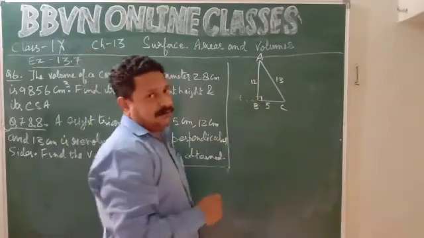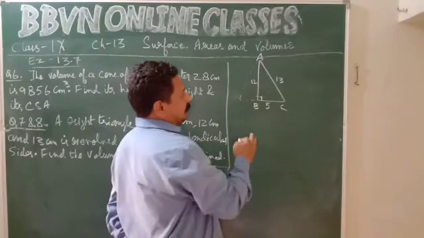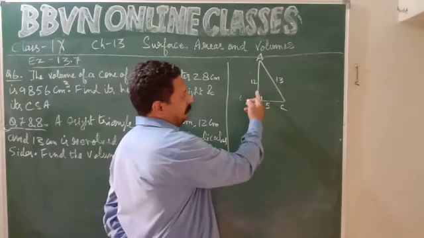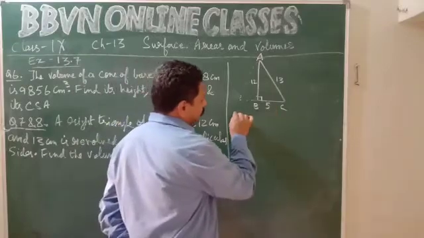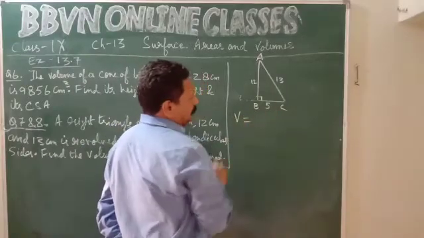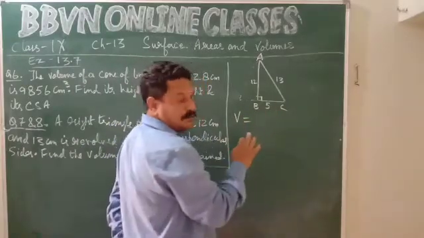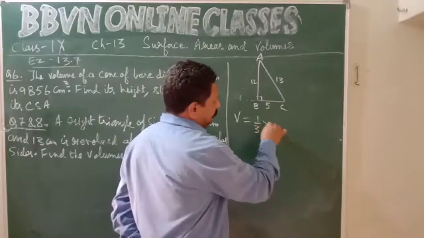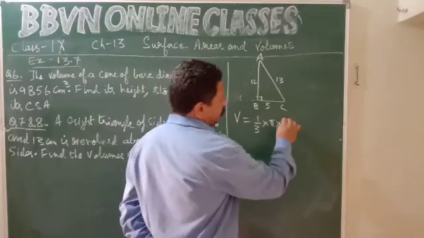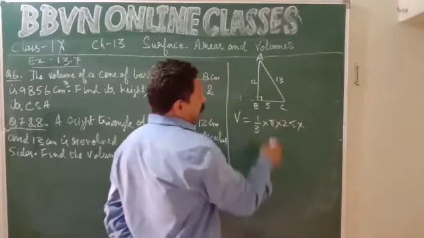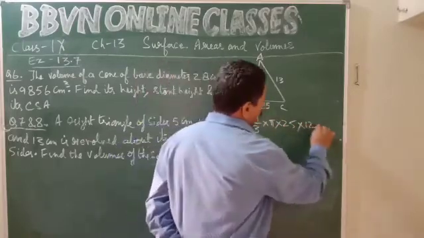So we have to find the volume of this. So in this case, what happens? R becomes 5 and H becomes 12. Okay? So volume of this solid will be, cone का volume 1/3 pi R square, R square is 25, into H. H is 12.